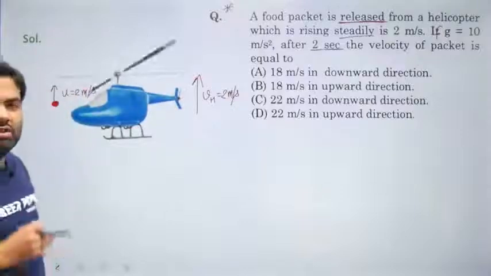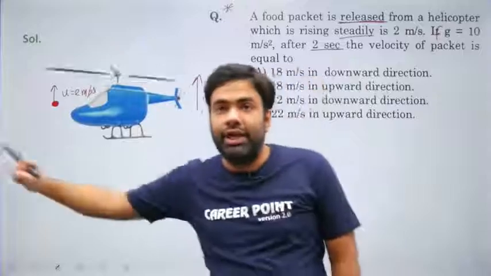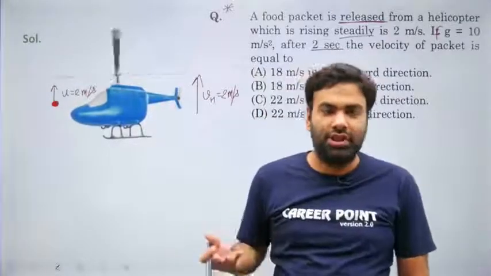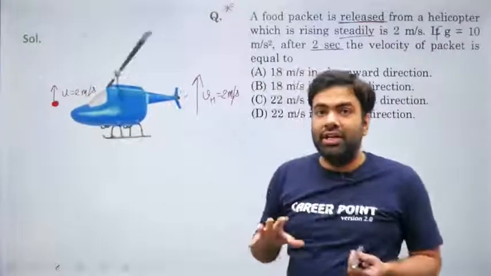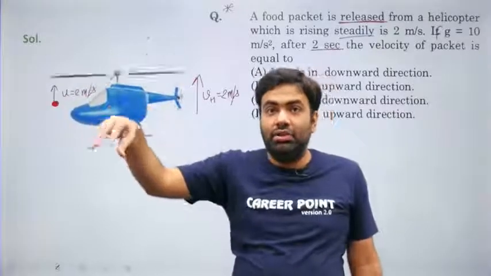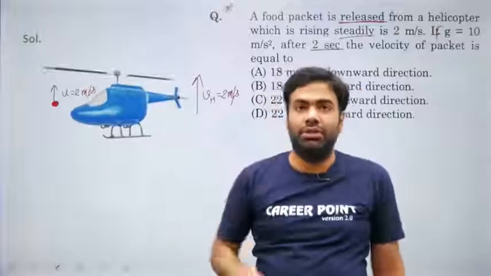Why? Because it is released by the helicopter. Don't worry if you are getting a wrong answer. Getting a wrong answer is part of the process of learning. If you are moving and you release something, the body that you are releasing will have an initial velocity equal to your velocity.